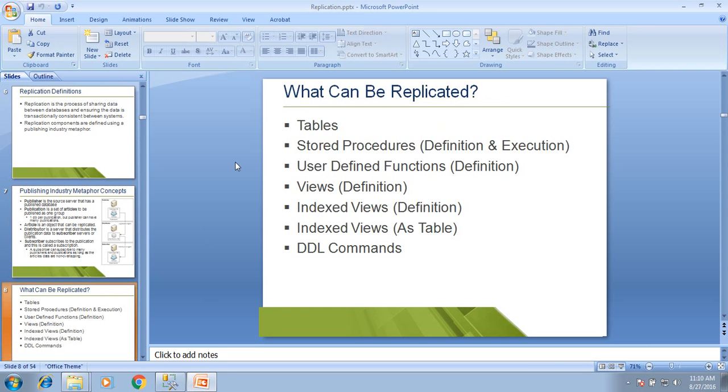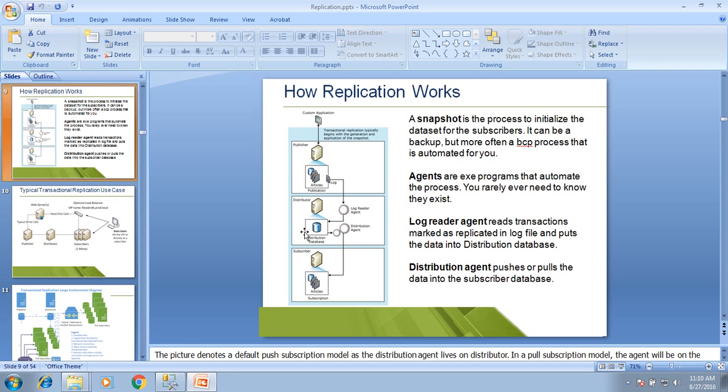The distributor will work as the middleman, which will manage the data that will be published by the publisher. He is also responsible for distributing the database to the subscribers. Now, what can be replicated? What are these articles? You could actually publish tables, stored procedures, user-defined functions, views, and so on. These are the different articles that you could distribute throughout the network. So, how does replication work? A snapshot is the process to initialize the dataset for the subscribers.